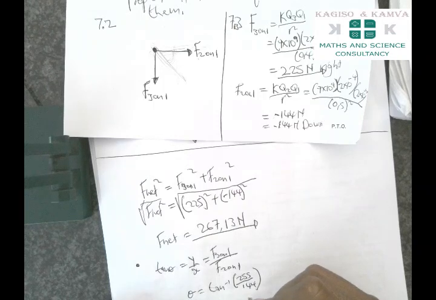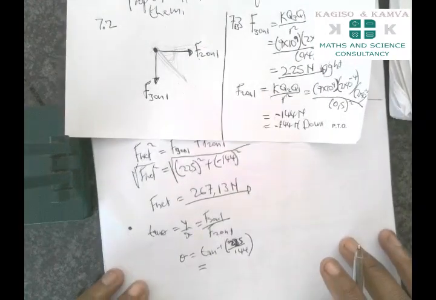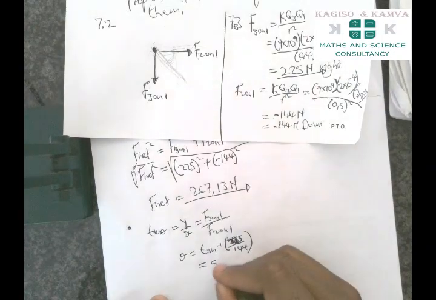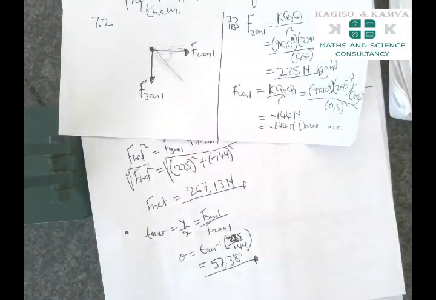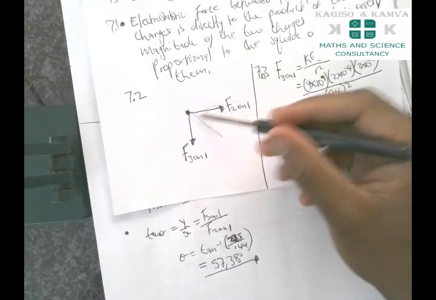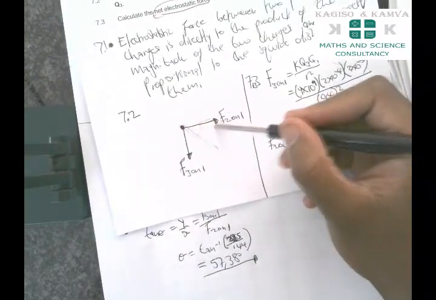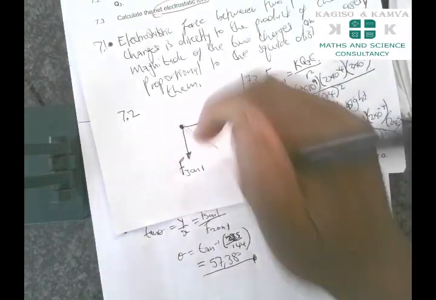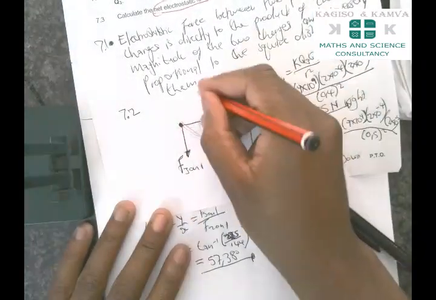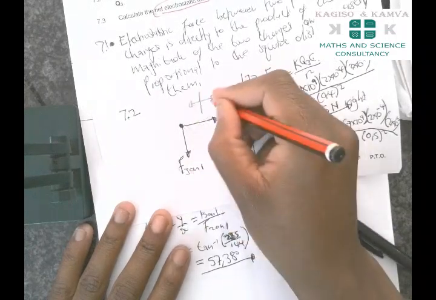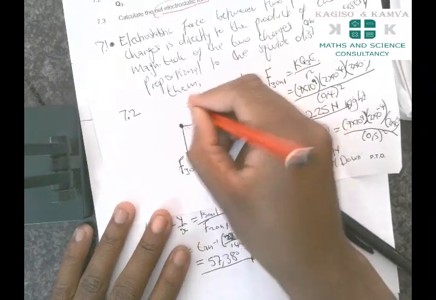What is the answer there? 57.38 degrees. Good. Now, good people, after getting your answer there, you can always say this is 57.38 degrees below the positive x-axis, because of the x-axis from our Cartesian plane, positive and negative.